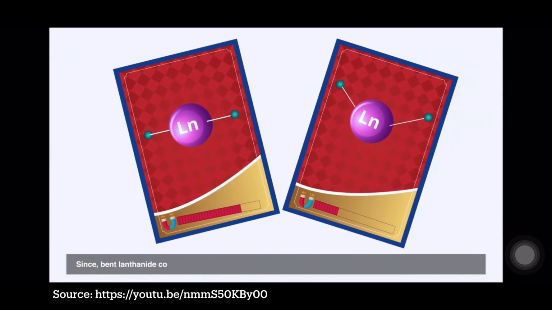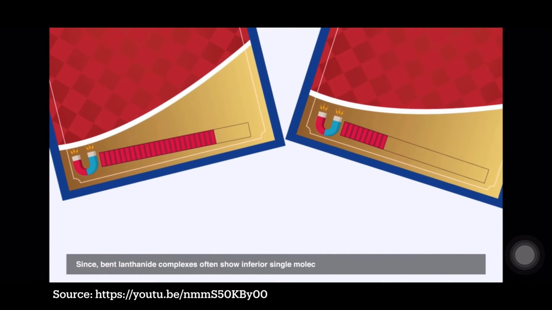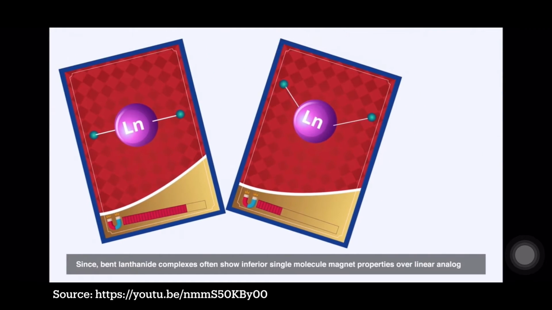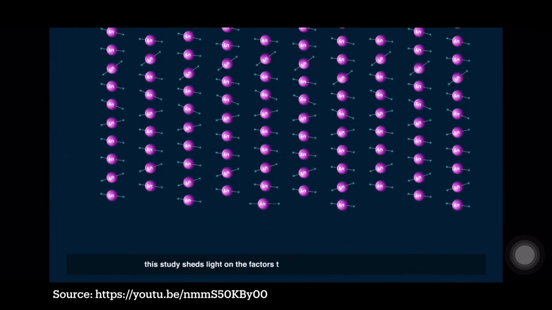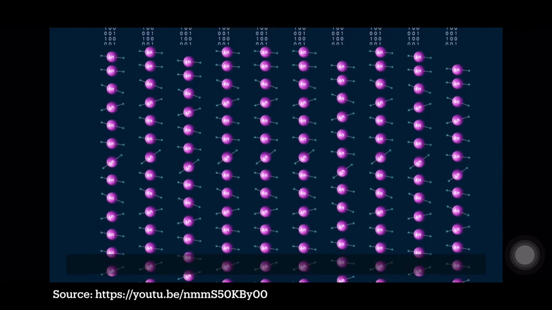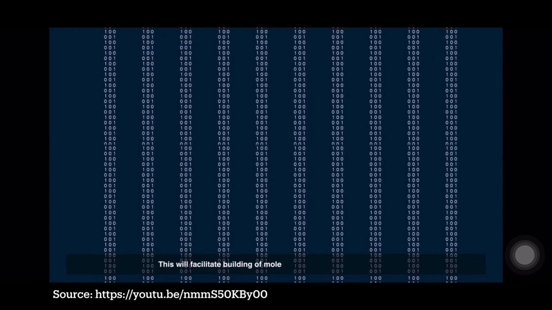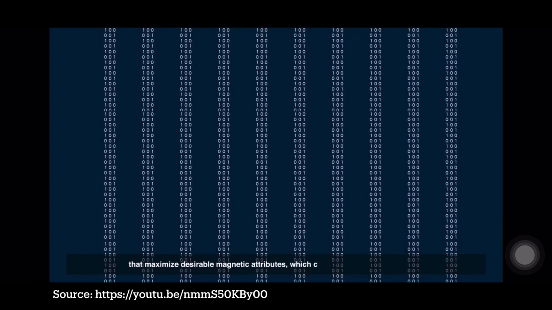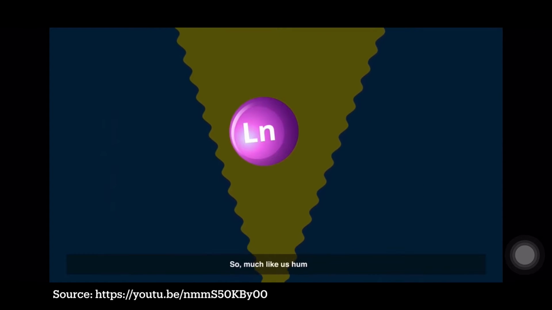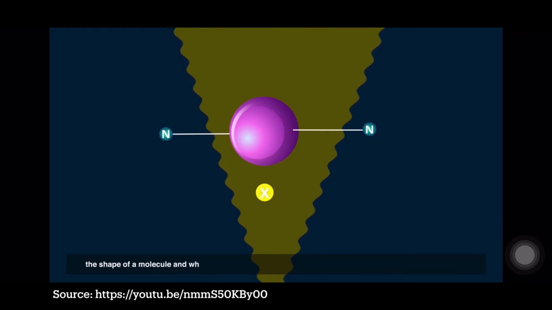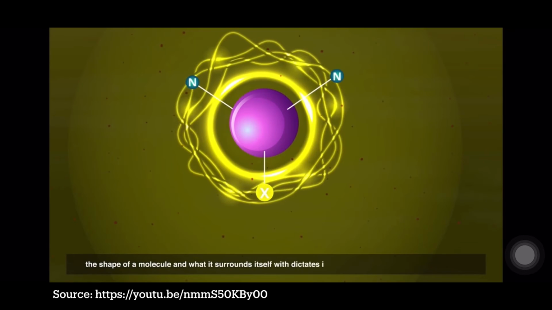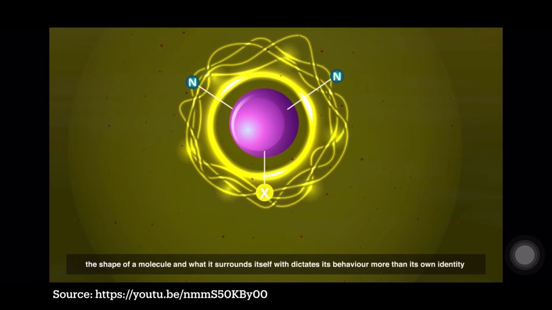Since bent lanthanoid complexes often show inferior single-molecule magnet properties over linear analogues, this study sheds light on the factors that give rise to less bent structures. This will facilitate the building of molecules with geometrical features that maximize desirable magnetic attributes, which can inform the next generation of computational and technological advancements, including high-density storage media. So, much like us humans, the shape of a molecule and what it surrounds itself with dictates its behavior more than its own identity.